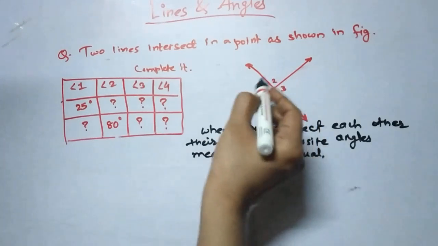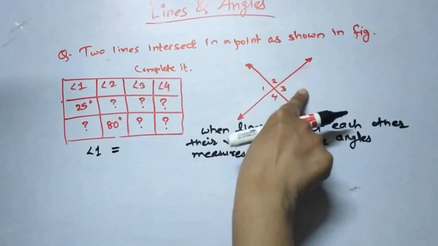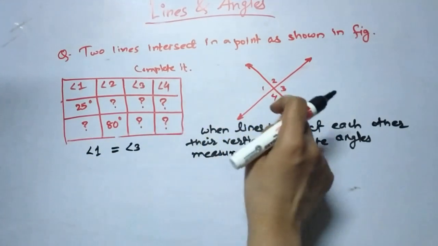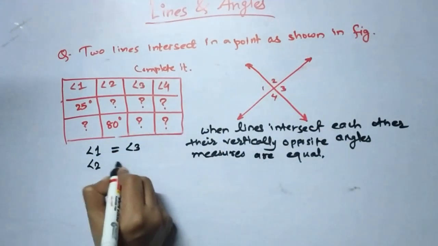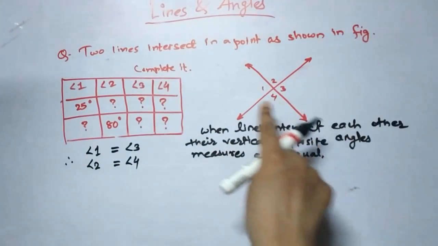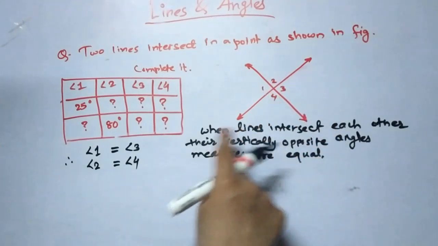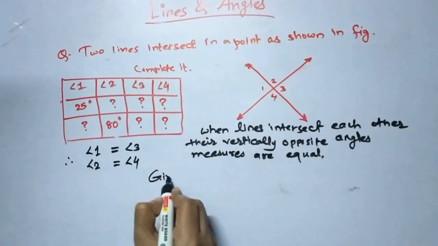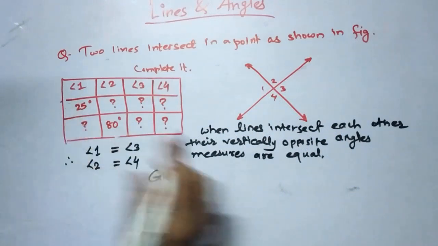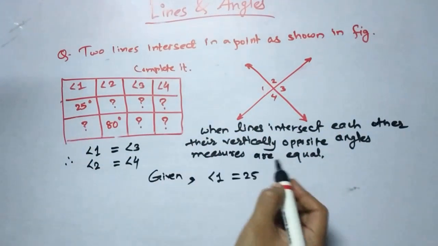That means whatever angle 1 is, it is equal to angle 3, and the measure of angle 2 is equal to the measure of angle 4. You can say this means this angle is equal to this angle and the measure of this angle is equal to this angle. Already given that angle 1 value is 25 degrees.